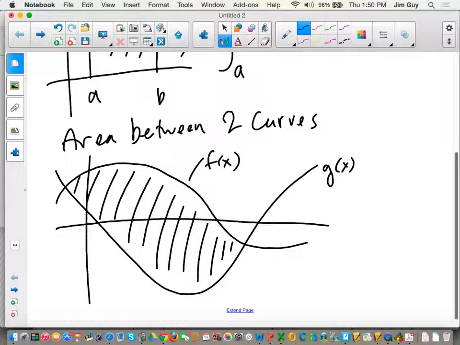Would it be the absolute value of both, or the integral of each function minus the integral of the absolute value of each function? You all have some great thoughts, and they're all saying the same thing: somehow we have to do some sort of subtraction. Peter? Treat g of x like your new x-axis, kind of. Okay, all right.